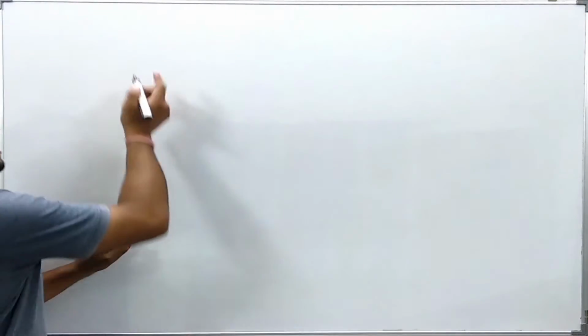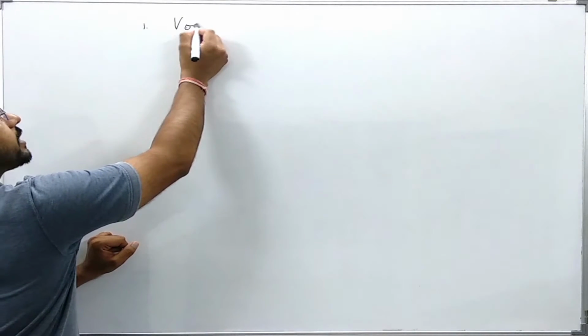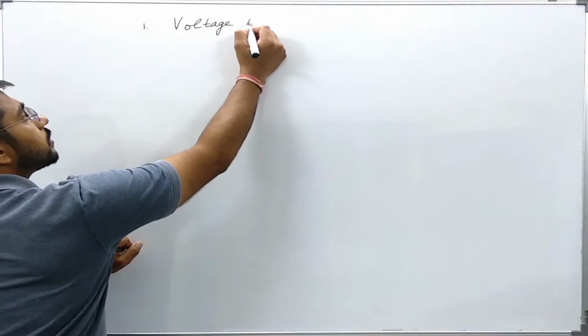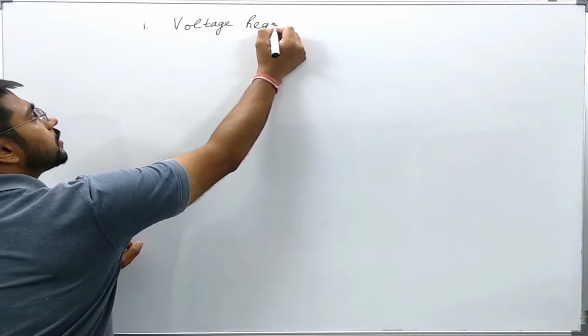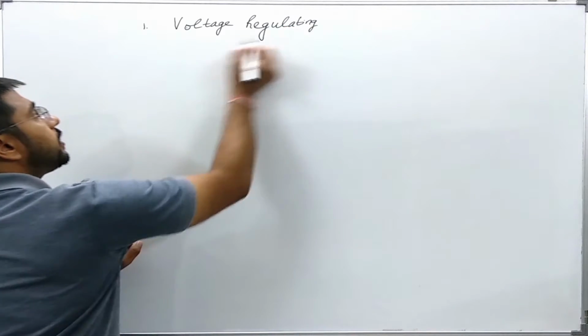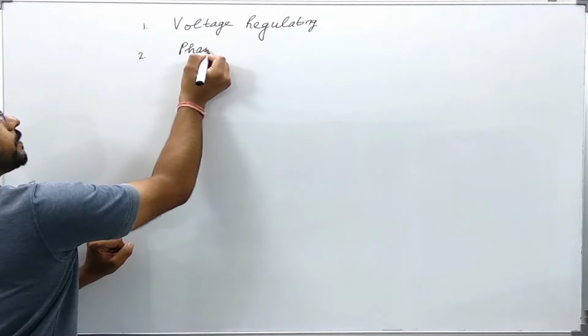Now, there are two kinds of regulating transformers. The first one is the voltage regulating transformer, and the second type is the phase regulating transformer.